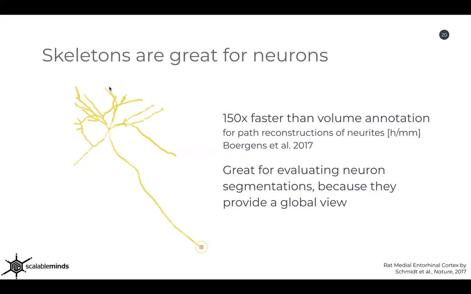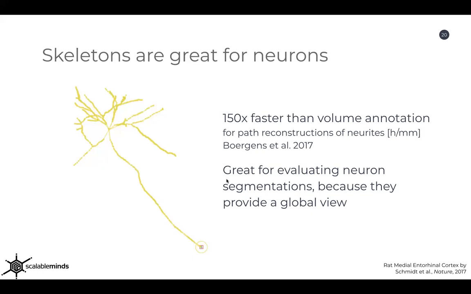The cool thing is that you can get this for the whole data set, or for a neuron spanning the whole data set, fairly cheaply. And this will provide you a global view of where your data actually is. It has actually been quantified that you can get this up to 150 times faster than doing dense volume annotations of these neurons. So it's really worth it.